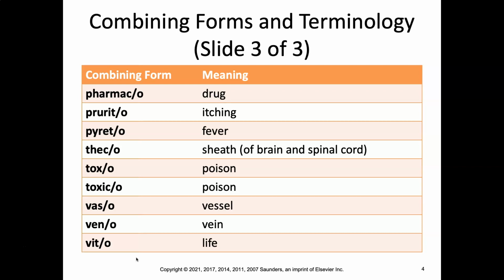Notice there's 2 for poison, slightly different. Vaso, veno or vino, and veto.